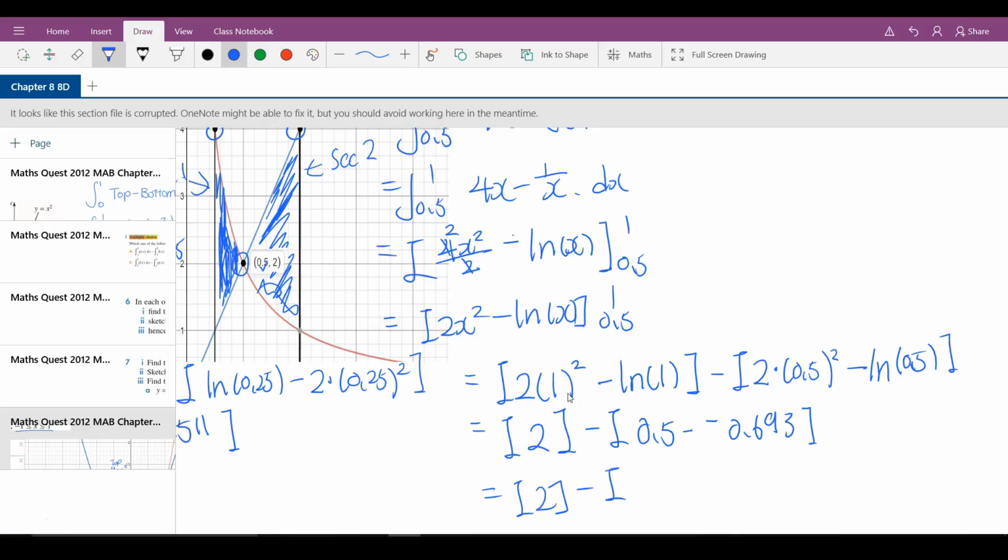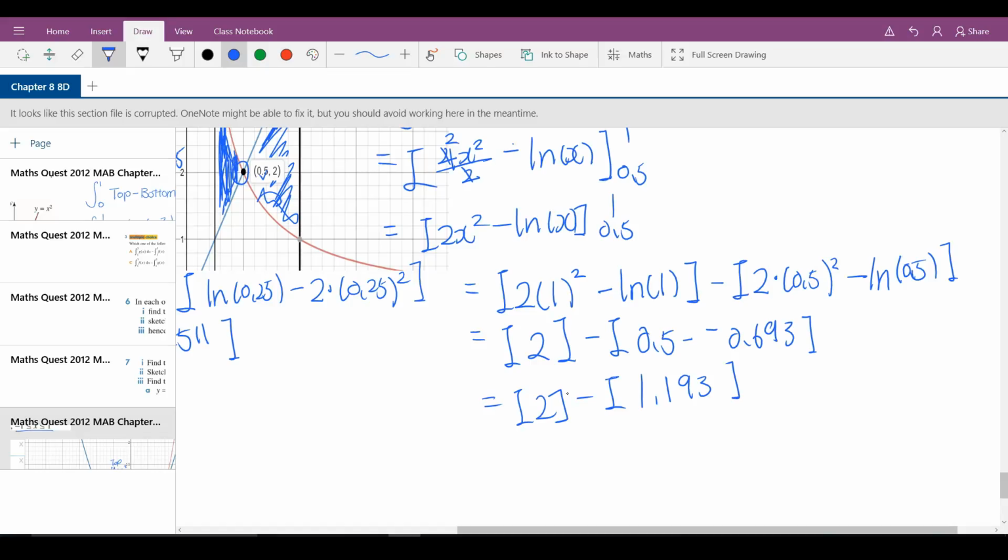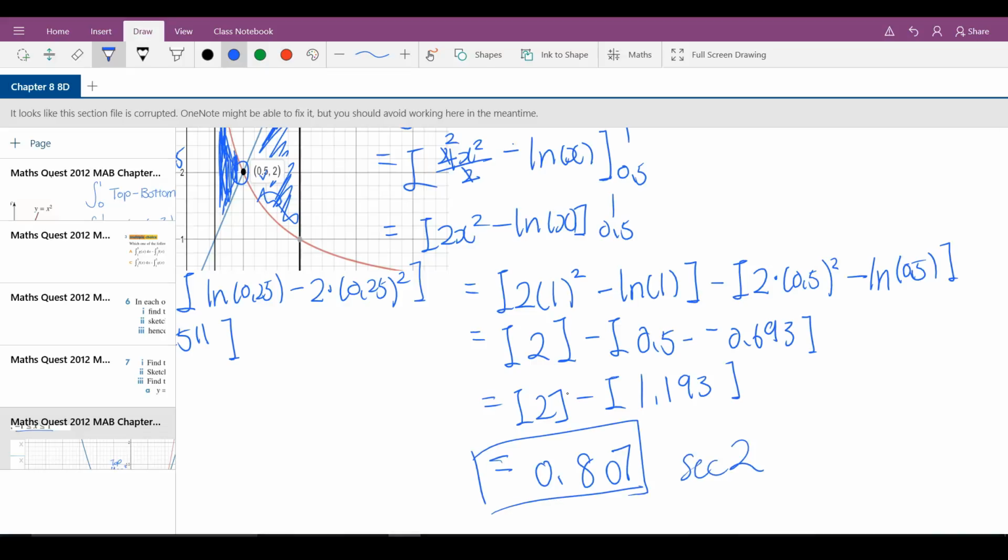That is 1.193. So 2 minus 1.193 will be 0.807. That's the section 2 area.